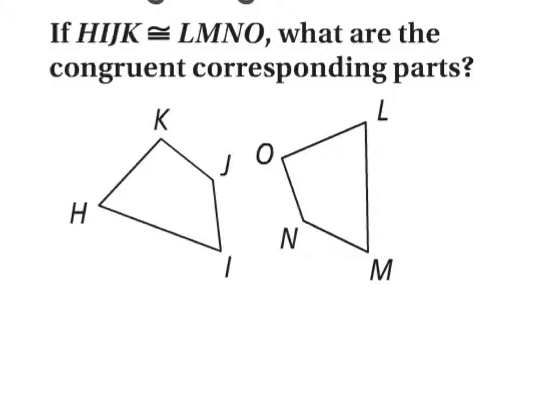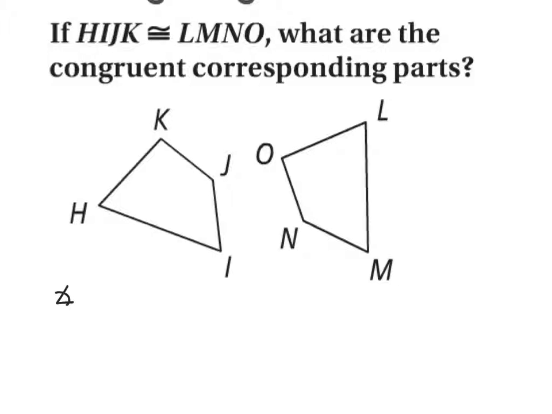First off, how many sides do we have on these polygons? 4. So therefore, we're going to have how many total corresponding parts? 8. 4 sides and 4 angles. Looking at that roadmap, we can immediately list our 4 congruent angles.